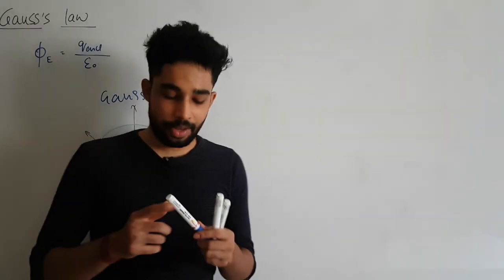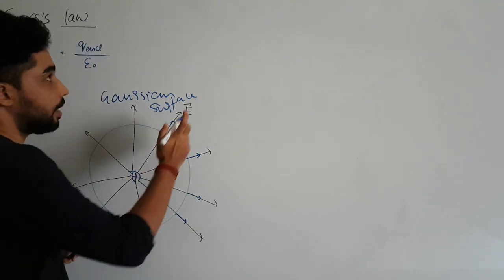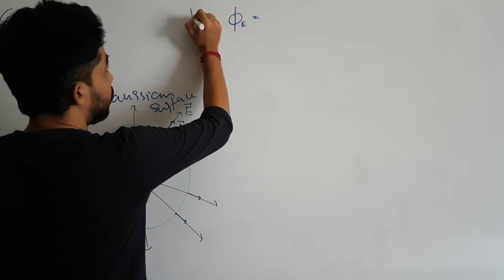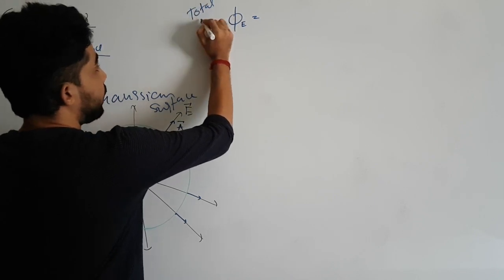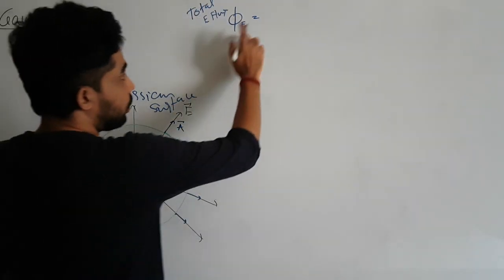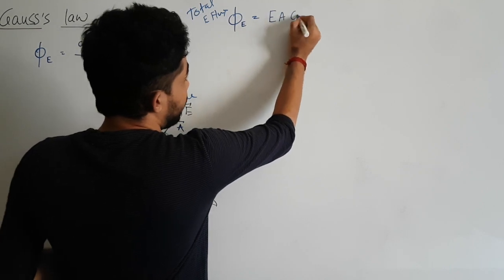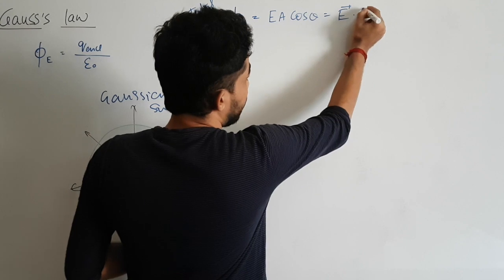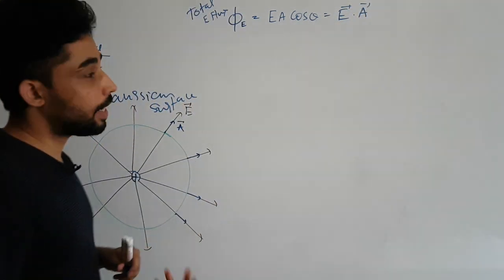Now let's derive Gauss law. If I write the expression for the net or total electric flux cutting across the surface, that will be equal to EA cos theta, or if you want you can write it as E dot A, the dot product of electric field and area vector.